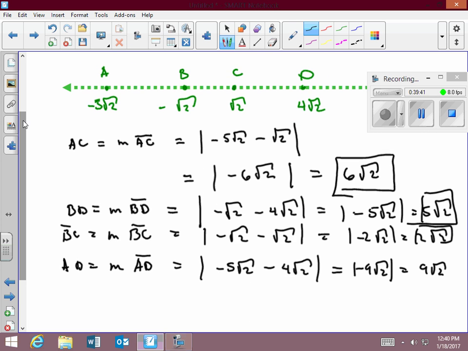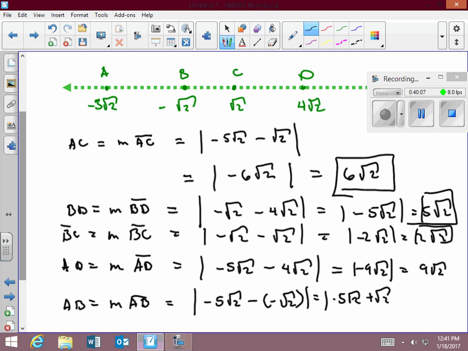I'm just going to show you, if you have AB, that's a measure of AB, and that would be minus 5 square roots of 2 minus a minus square root of 2, which is going to be minus 5 square root of 2 plus square root of 2. And that's going to be 4 square root of 2. Okay.